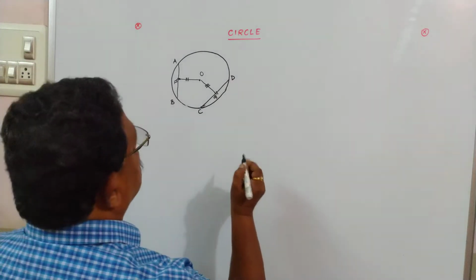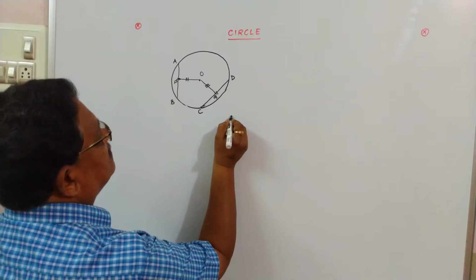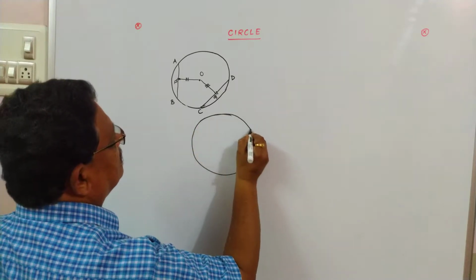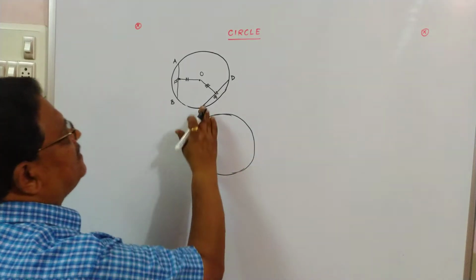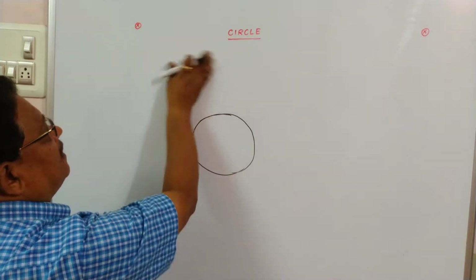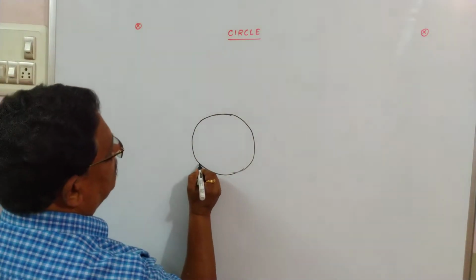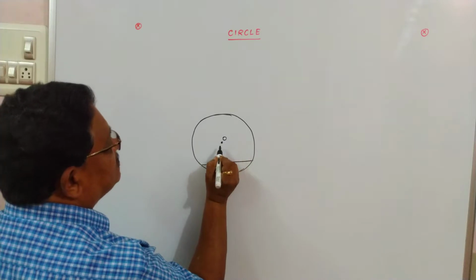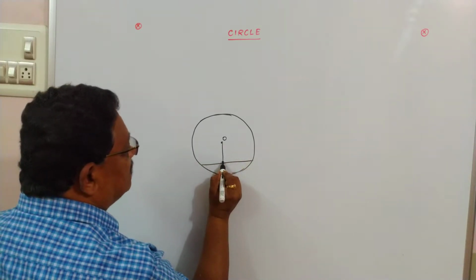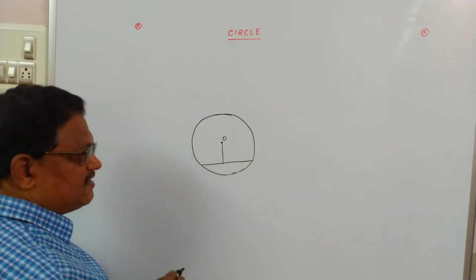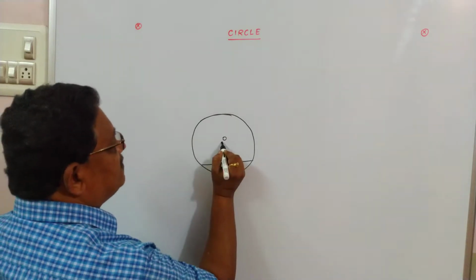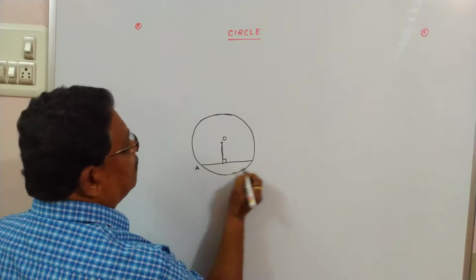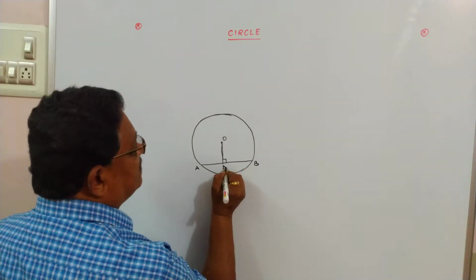Another important property, based on the circle, which you all have studied last year in the form of a theorem: a segment joining the center of the circle, or a line or a ray joining the center of the circle and perpendicular to the chord bisects the chord.